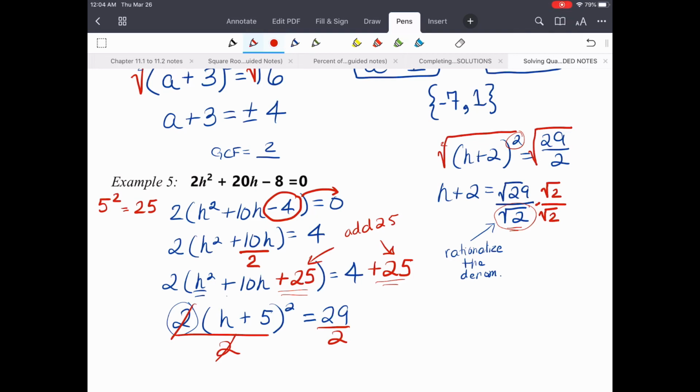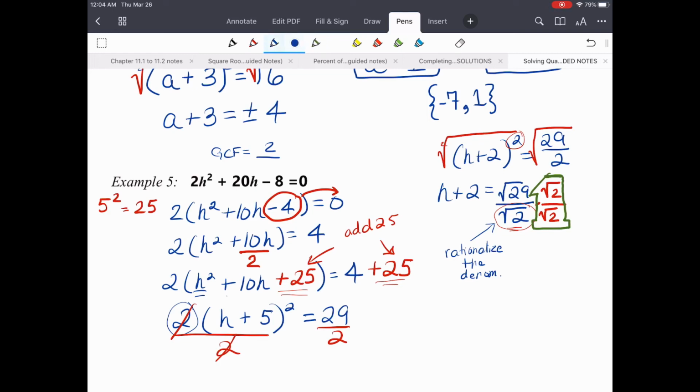Some people just say it just goes up to the numerator. Well, there's a little bit more to it than that. In essence, you're multiplying by 1, because root 2 over root 2, if you think of an identity property, is essentially equal to 1.